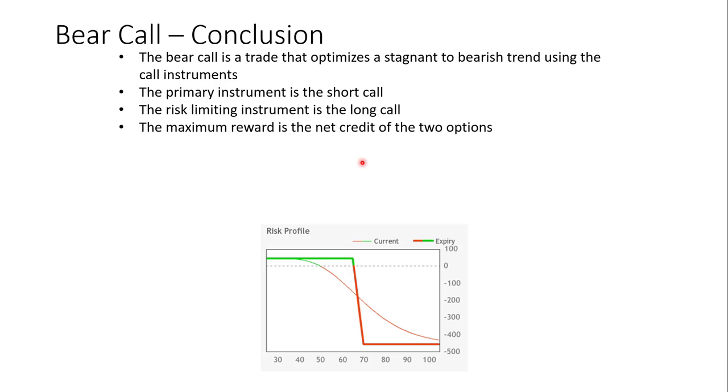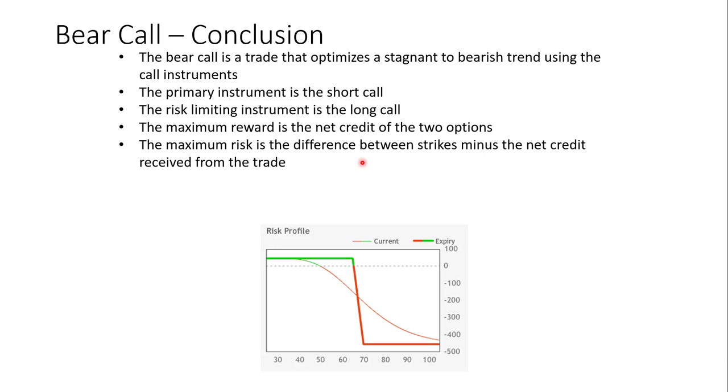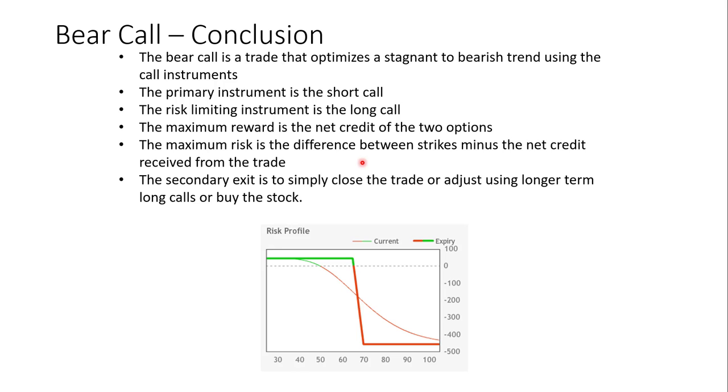The maximum reward in this trade is the net credit we received. And the maximum risk is the difference in the two strikes that we've used, here 70 and 75, minus that net credit in the trade.